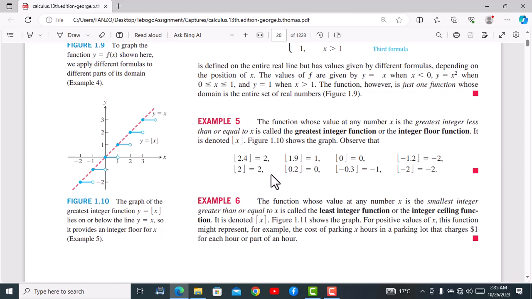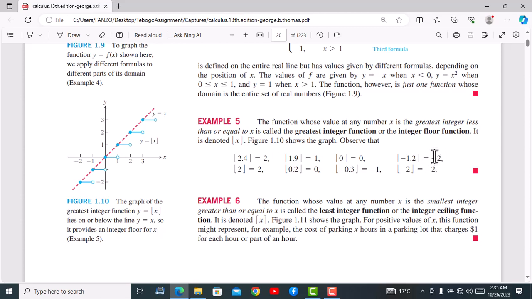To me, it seems like if you are inputting a value of 2.4 as x, and then you get 2, what it simply means is that when you are at 2, the greatest integer value will be 2.4, and when you are at 1, the greatest integer value will be 1.9, and when you are at 0, this is 0, and when you are at negative 1.2, it will take you to the value of minus 2.